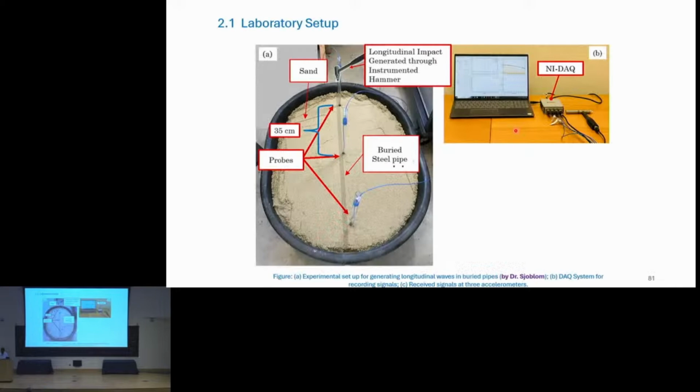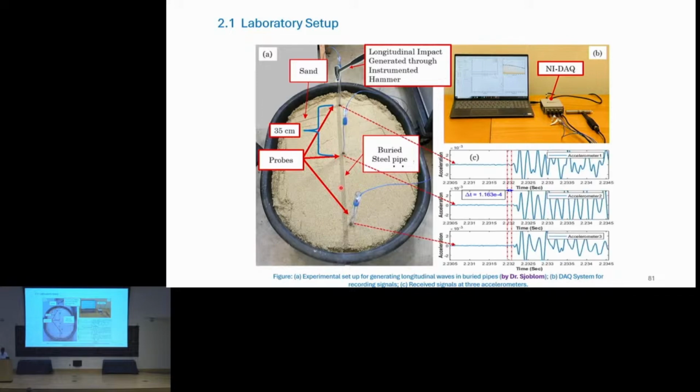As you can see, we developed a prototype in the lab where we put our different service lines, and then we generated the stress wave through an impact hammer and recorded those signals. You can see we put 3 sensors, 35 centimeters apart. These are typical signals from our tests, and we calculated the time of arrival difference between corresponding 2 sensors.